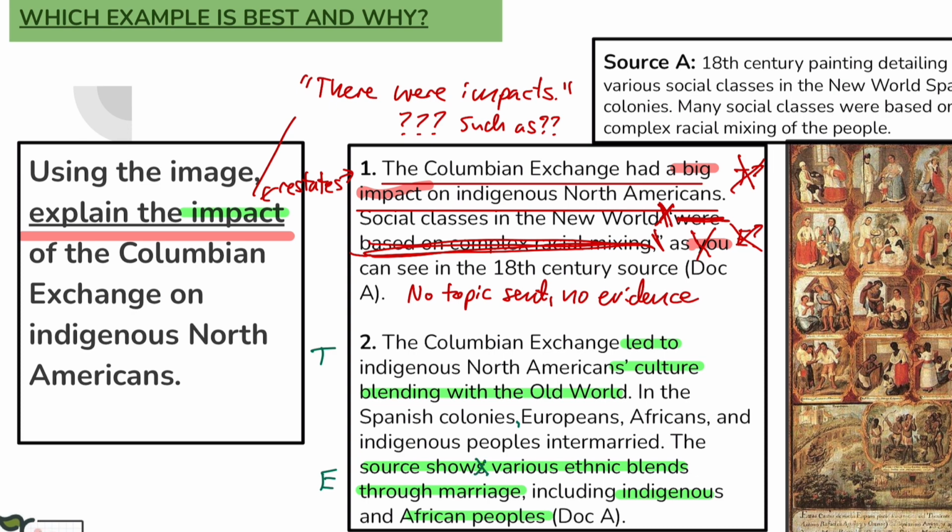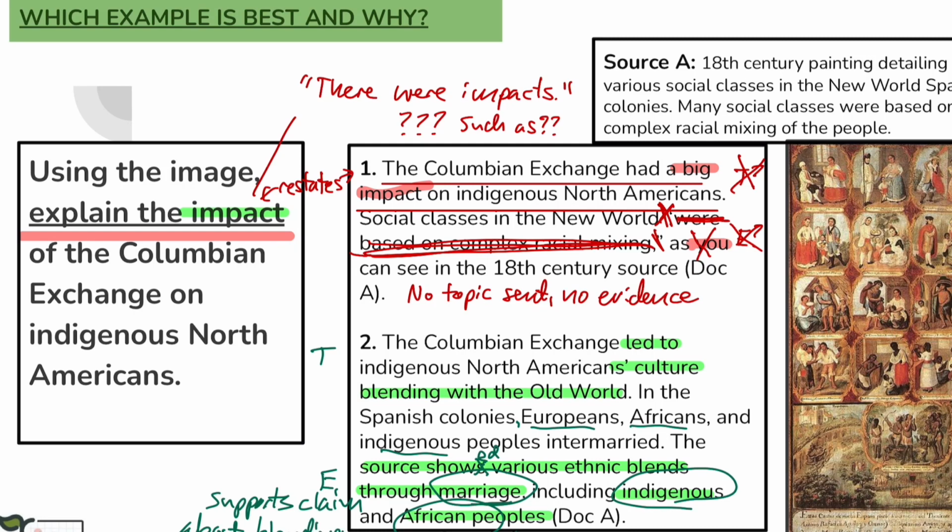The source, this image, shows various ethnic blends through marriage, including of these particular races. So European plus indigenous plus African. That backs up the claim of one effect was blending because it shows the blending of the racial heritages. So it summarizes the main idea.